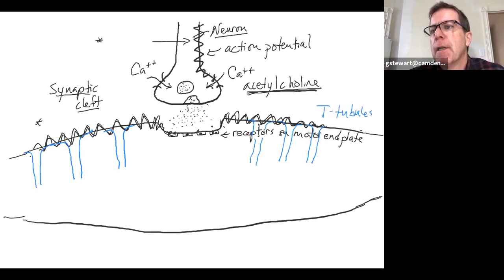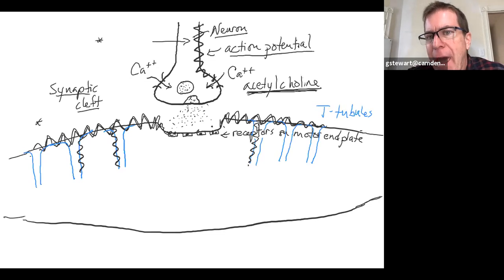Their sole function is to conduct this electrical impulse from the surface of the muscle cell inward to the inside, like this. So the electrical impulse, which is called an action potential, travels down these T-tubules to the inside of the muscle cell.